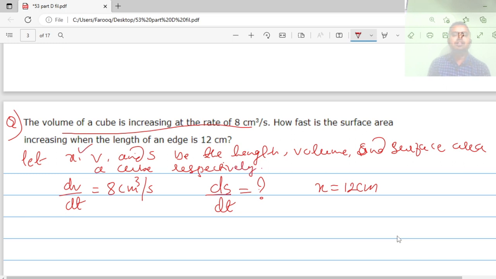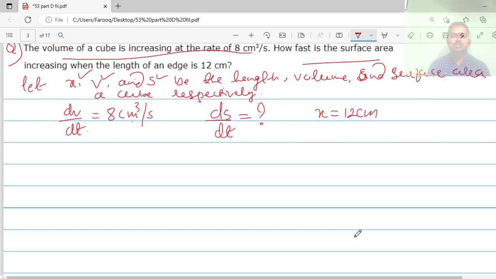X means length, V means volume, S means surface area. Now, the volume of the cube is increasing at the rate, which means dV by dt is equal to 8 centimeter cube. How fast is the surface area increasing means dS by dt is equal to question mark. The length of an edge is 12 centimeter, it is given.